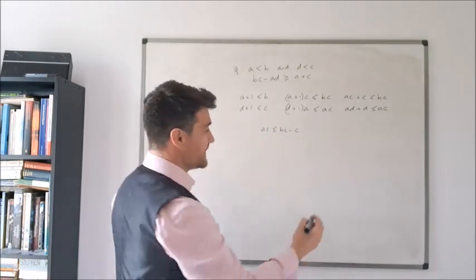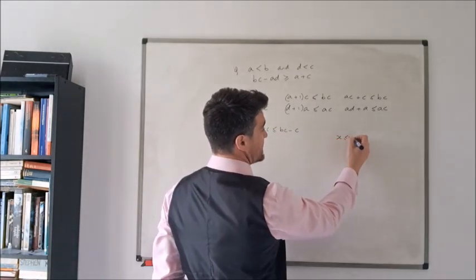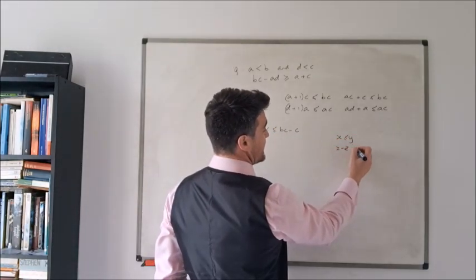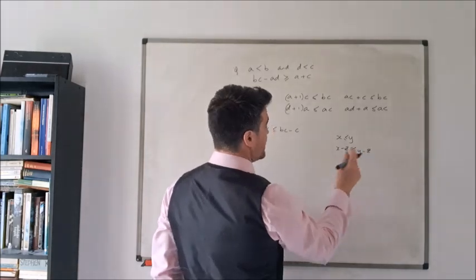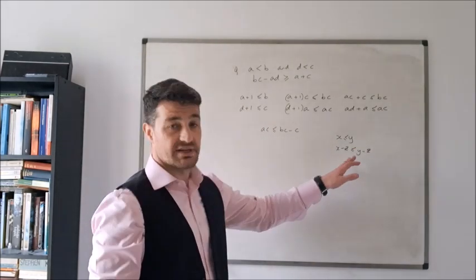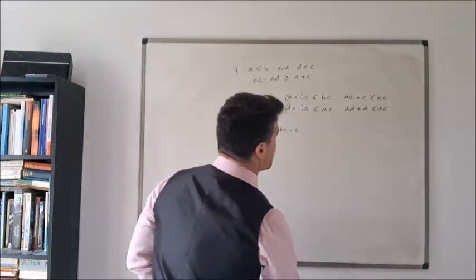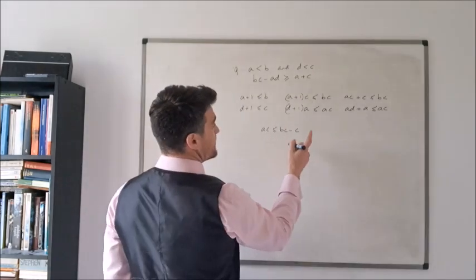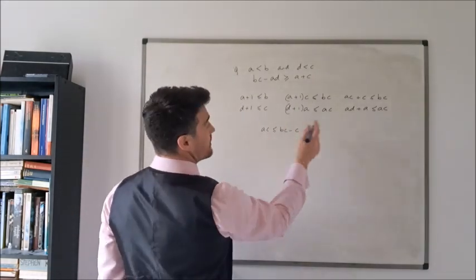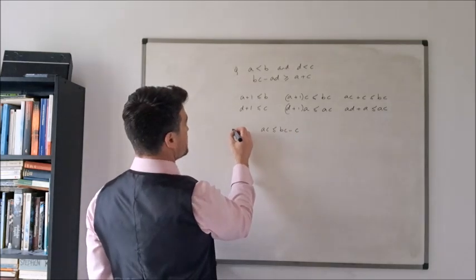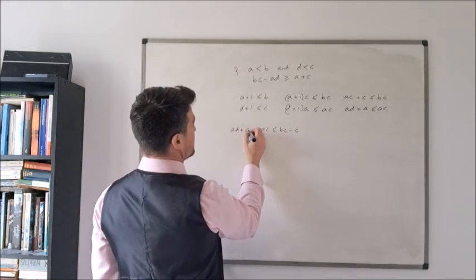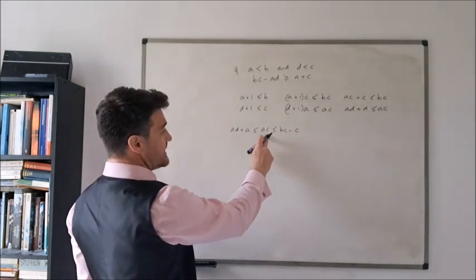Again, properties of inequalities. X is less than or equal to Y, so X minus Z is less than or equal to Y minus Z. And it doesn't matter whether Z is positive or negative here, by the way. And also, I've got that AD plus A is less than or equal to AC.